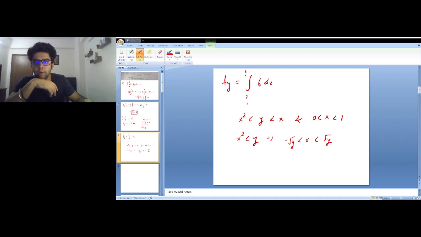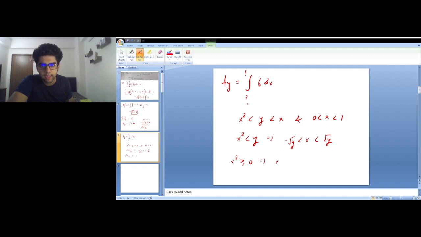Let me just explain you guys again. x square was less than y, therefore x lies between root y and minus root y. So x square is greater than or equal to 0. Why? Because a square of any term is always greater than or equal to 0.